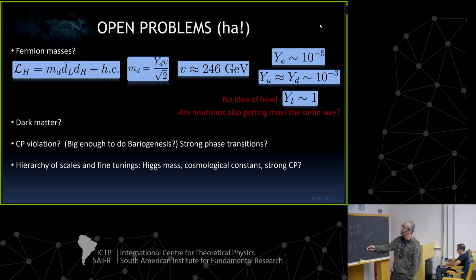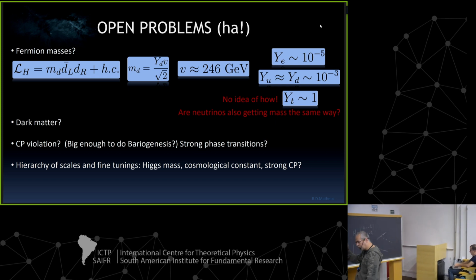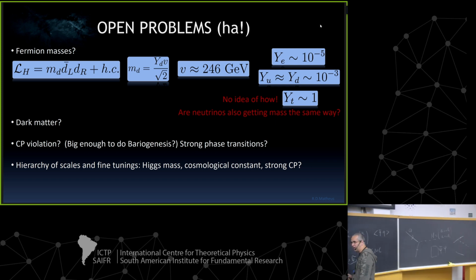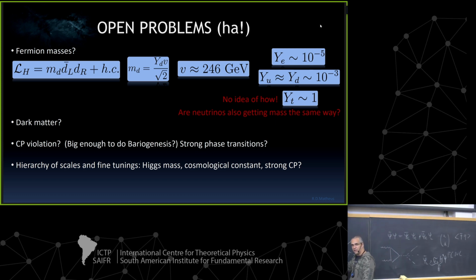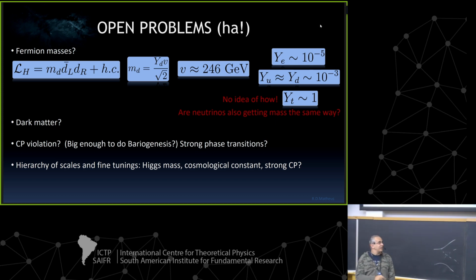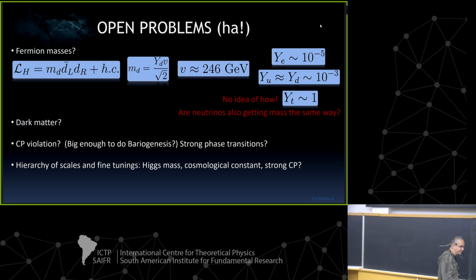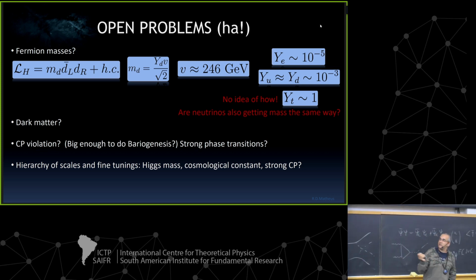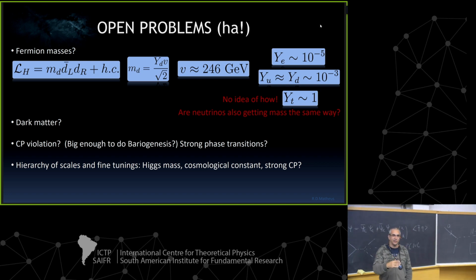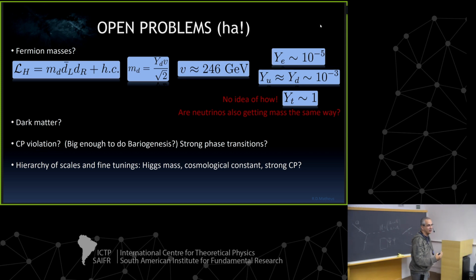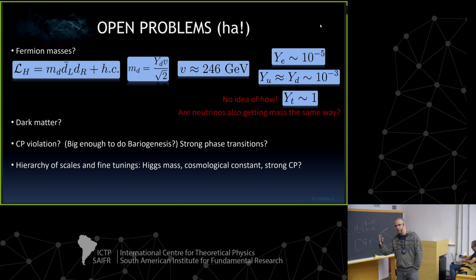And 2 of these conditions are already not satisfied by the standard model. There is a non-perturbative effect in QCD, the sphaleron, that allows you to violate baryon number, but the amount of CP violation that you have in the standard model is not big enough. And also the phase transition is a crossover in the standard model, and it should be first order, or at least second order, to generate out-of-equilibrium effects.